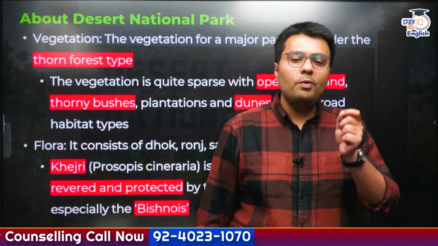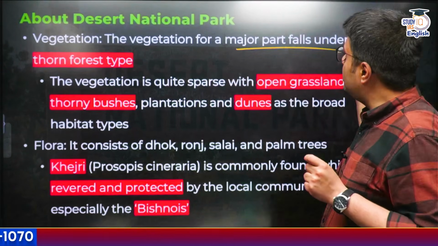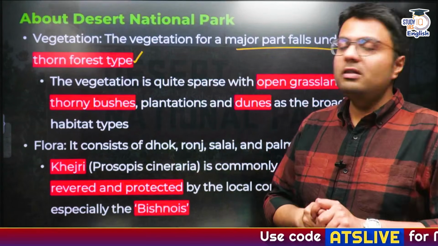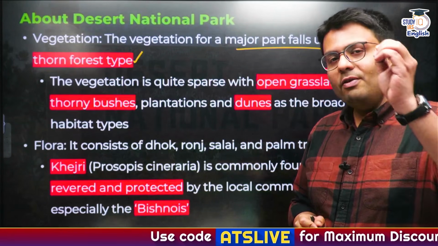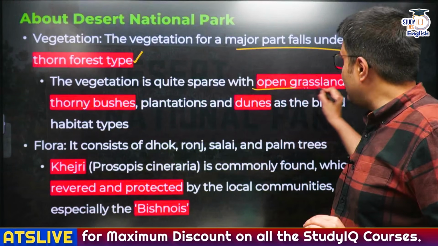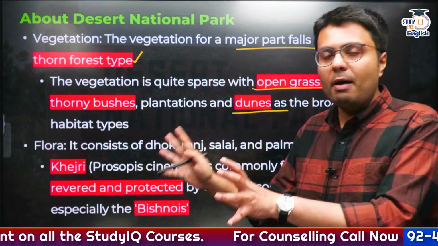Now let us understand what are the important vegetation types present in the region. The vegetation for the major part can be classified as a thorn forest type. So you can understand the vegetation present here is very sparse. Whatever is present consists of open grasslands, thorny bushes, as well as dunes, which are the broad habitat types.